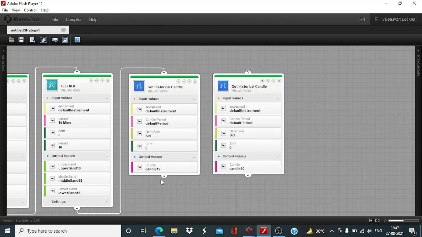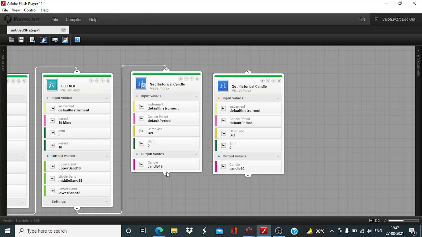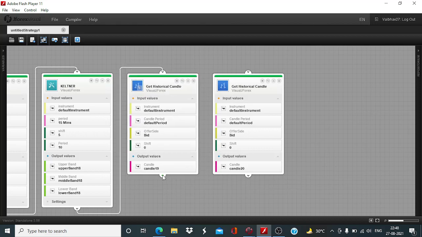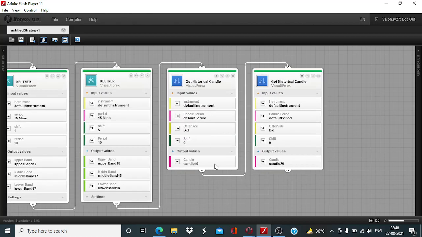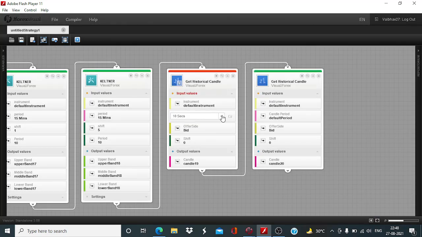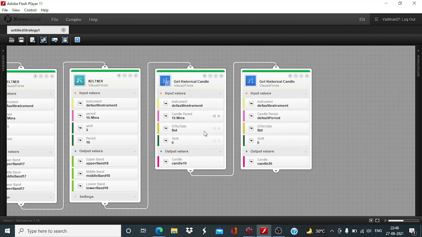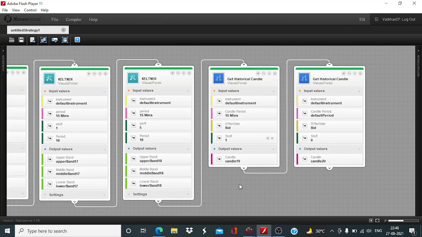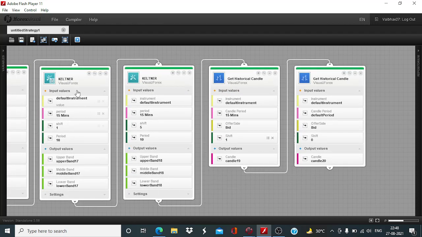Input value, this will be changed to 15 minutes, and it will have the shift value of 1. We are going to compare its closing value to these bands of last 15-minute Keltner channel output.